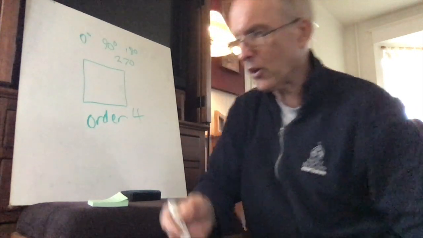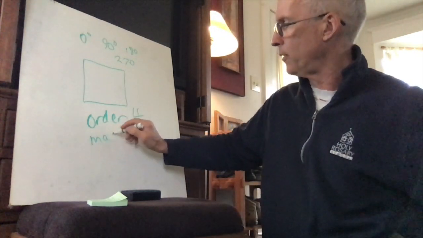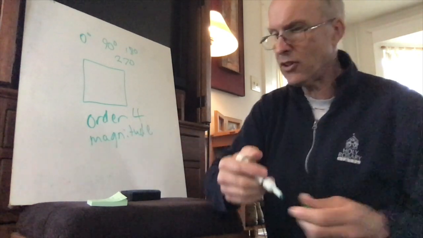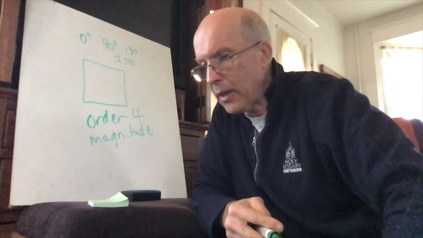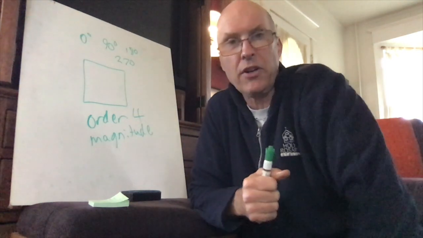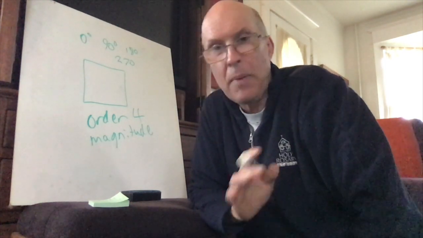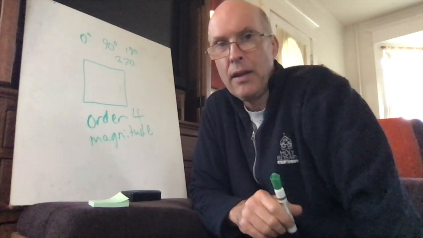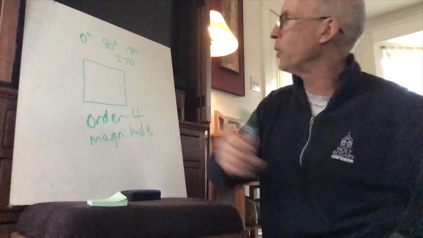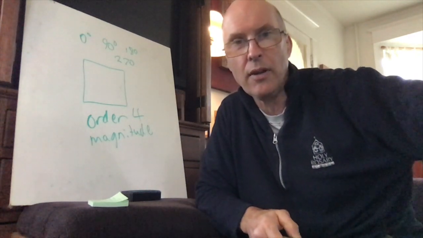And there is something called a magnitude of symmetry. Magnitude of symmetry is simply, what do they say? It's the smallest angle through which a figure can be rotated that it maps onto itself. And you can look at our figure here and you can figure that out. The smallest angle you can rotate it through is 90 degrees.